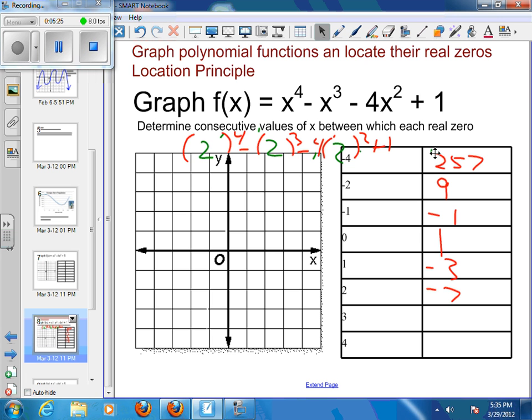Then I go and plug in my 3. So that's 3 to the 4th minus 3 to the 3rd minus 4 times 3 squared plus 1. I end up with a +19.